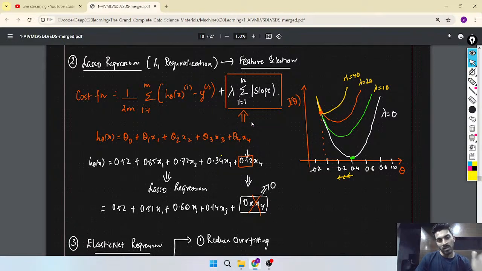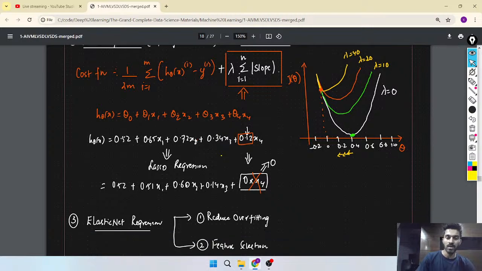That's how feature selection works. And by applying this formula, the regularization of the mod of slope, your model line will be shifted toward your errors, so your model will never be overfitted.